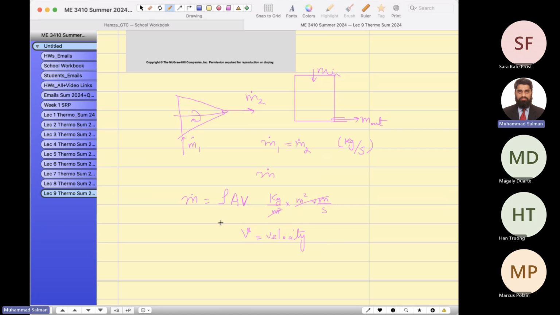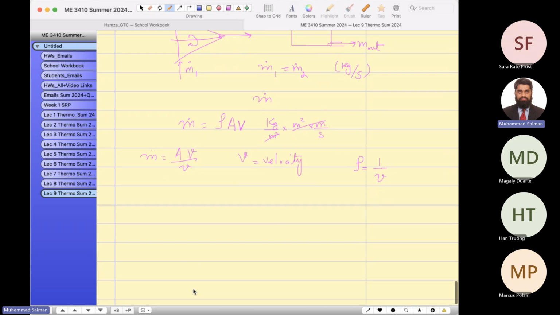Sometimes people don't write rho, because rho can also be written as 1 over specific volume, so m dot is area times velocity divided by specific volume.